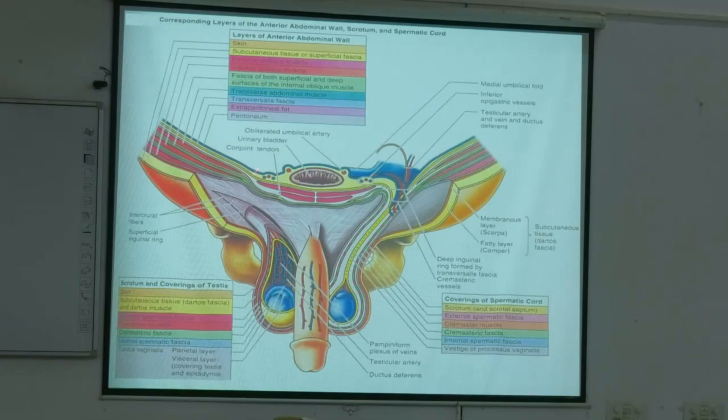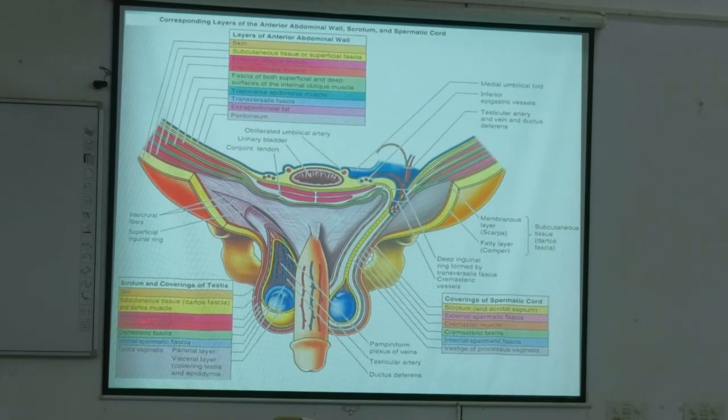And continuation of the peritoneum, there is extension of this peritoneal sac in the fetal life, that was known as tunica vaginalis. It also consists of two layers, parietal layer and visceral layer, and covering the testis and epididymis.